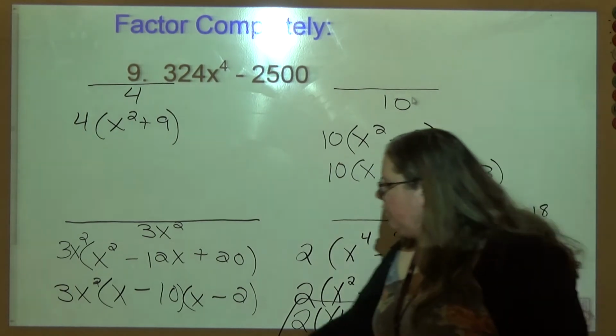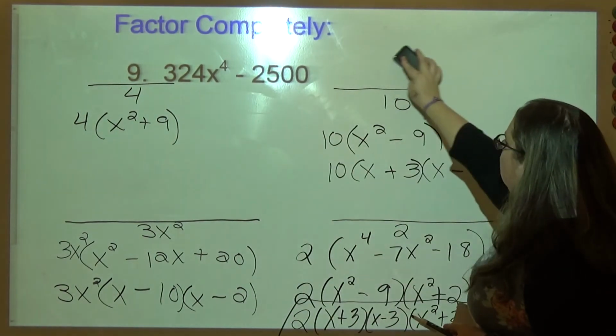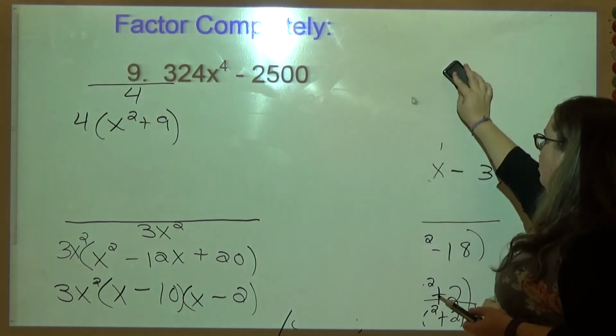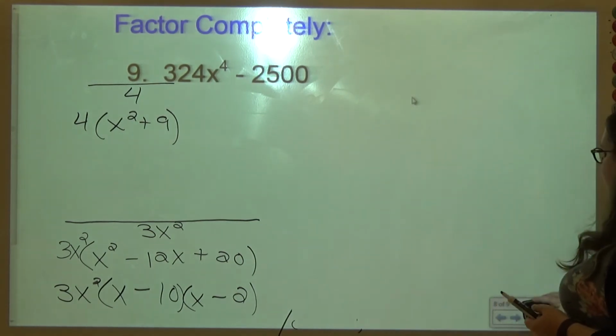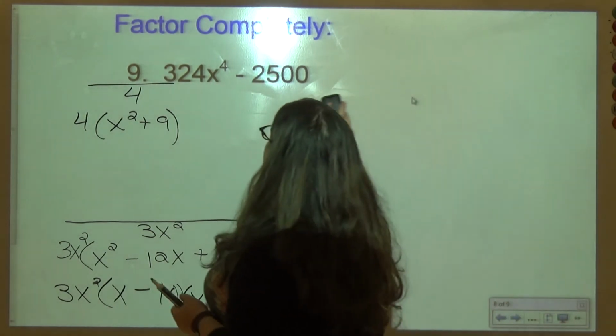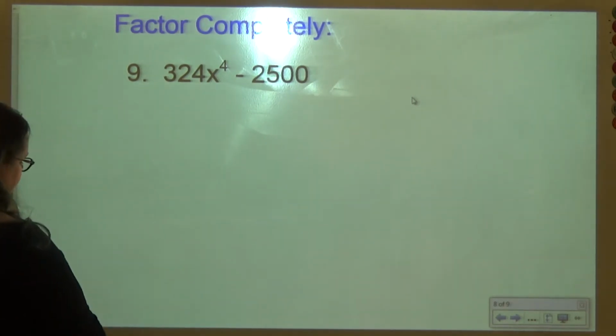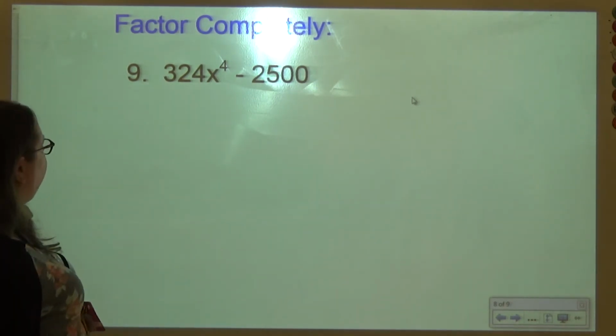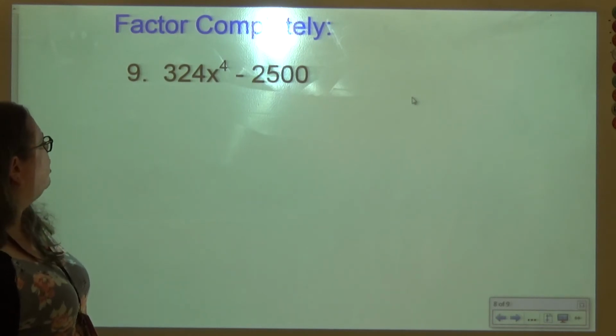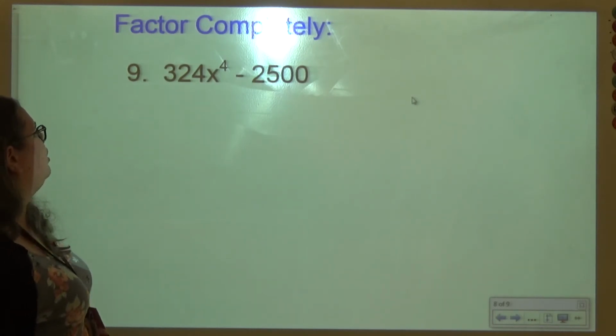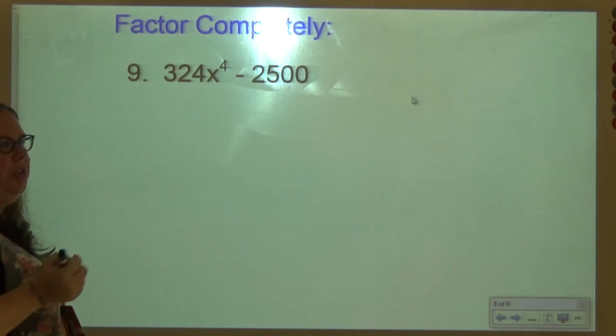All right, last one. This is a tricky one. I actually cannot off the top of my head remember the GCF. I think it's 4. Let's try 4. And if you're not sure, just try stuff.